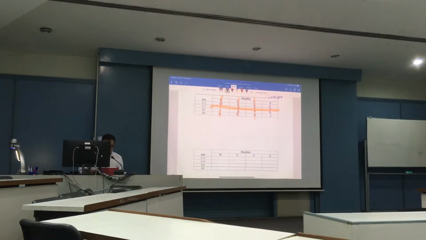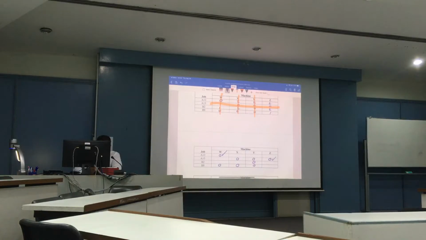So then we consider the 0 positions. In this case, we can see that A12 goes to B, A15 to C, B2 to Y, and B9 to X. Consider one by one for vertical and horizontal, and you're going to know.